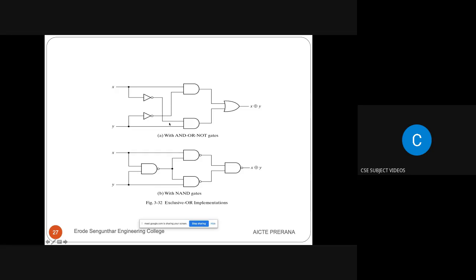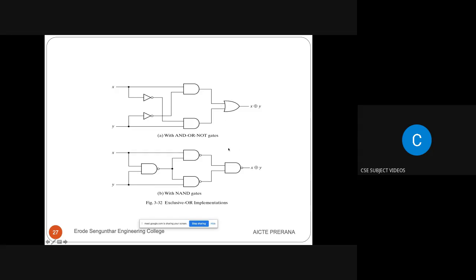By following the steps which we discussed in the previous slide for converting the AND OR circuit to NAND gates, we have to convert the AND gate to NAND gate. An AND gate is converted to a NAND gate by adding bubbles at the output, and an OR gate can be converted to a NAND gate by using bubbles on the input side.